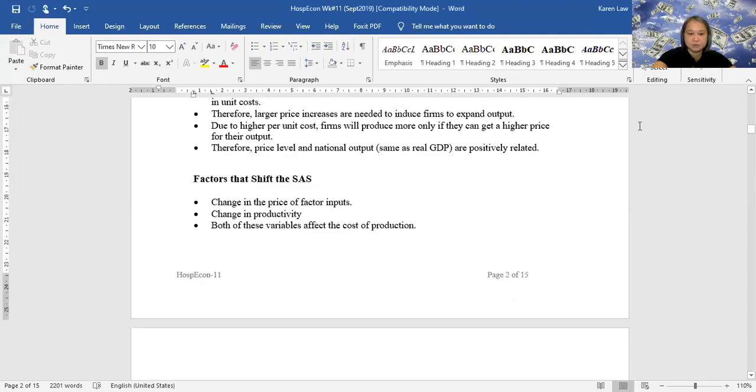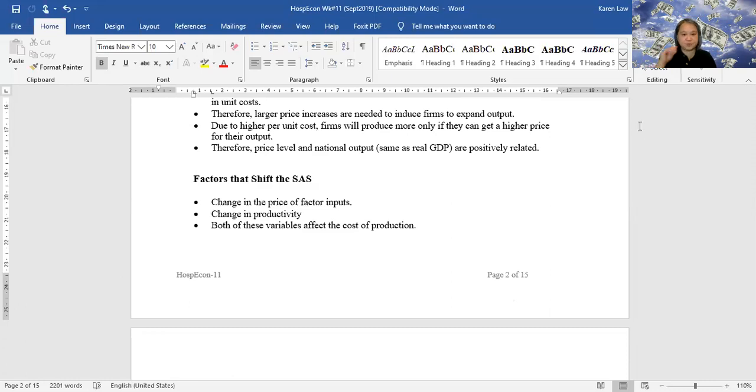Okay, so similar, if we were to look at the factors that shift our short run supply curve, this is very similar to the factors or the determinants that we have seen in the micro framework. And I would say that anything that affects a company's profitability will shift the company's supply curve.